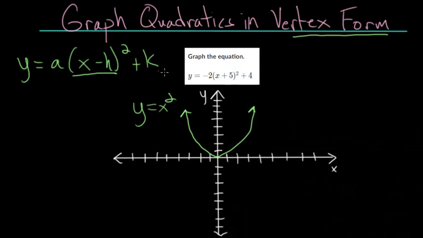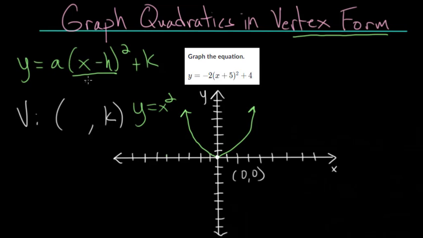And when you look at this vertex form, the vertex is just going to be how much you shifted left and right and how much you shifted up and down. Because the vertex of the parent function is right here. It's just at the origin. So our vertex, it looks like we're shifting it up k units. So our y value is going to be at k, because remember this is starting at 0, 0. So we're adding k units to y.